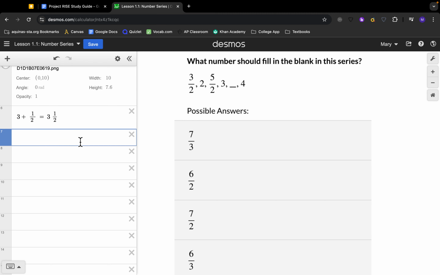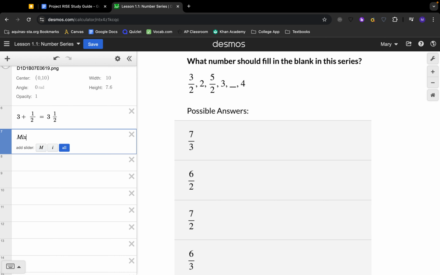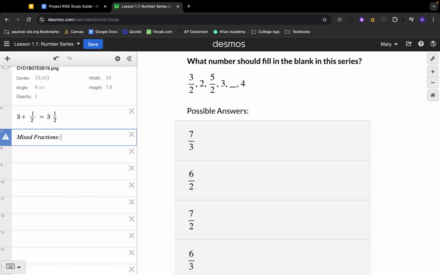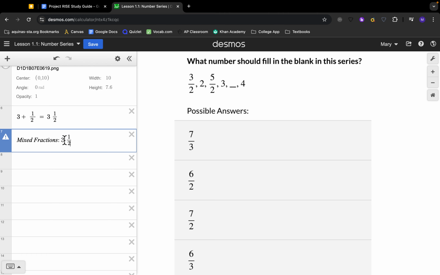So there's a little bit of vocab terms you need to know for that. So you need to know what a mixed fraction is. A mixed fraction is a fraction that is greater than 1, where you will see the whole number and then the fraction. So 3 and 1/2 is a mixed fraction, so is, let's say, 34 and 3 over 5. Any number where there's a whole number followed by a fraction is called a mixed fraction.